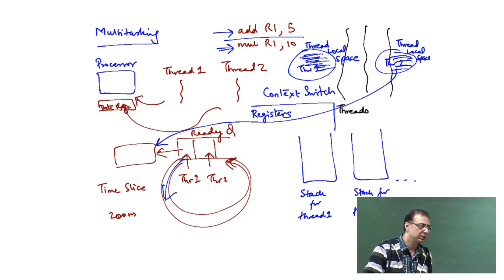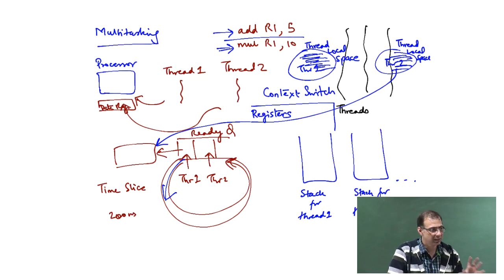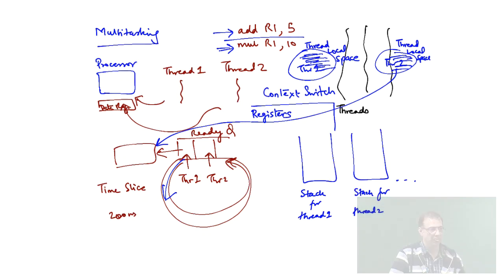And then it's going to start the execution of thread 2. That way a thread always maintains its state. Whenever the context switch happens, its state is saved, and whenever it is scheduled back, the state is copied back into the hardware registers.